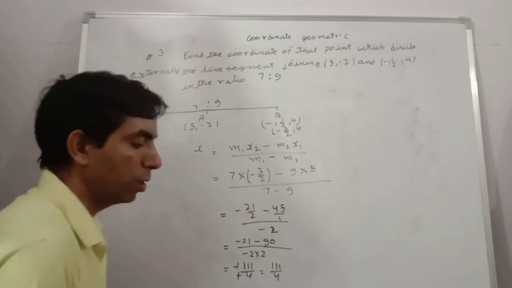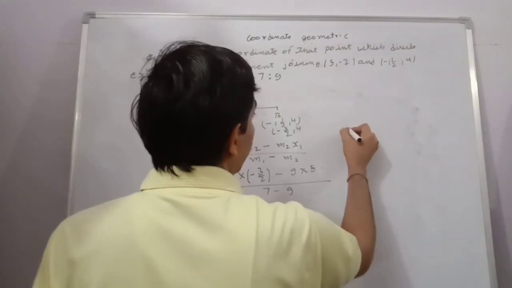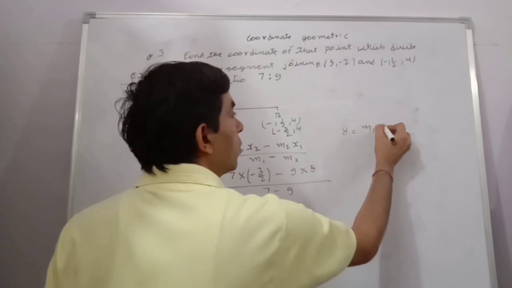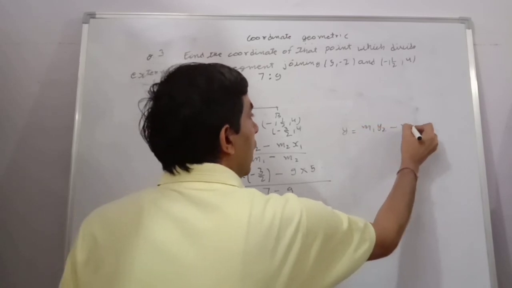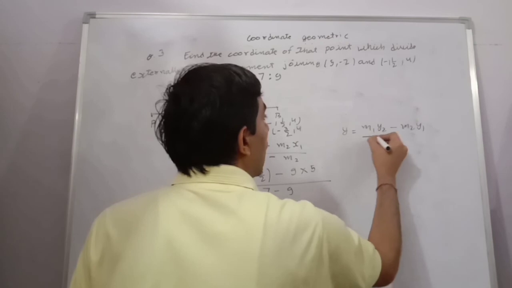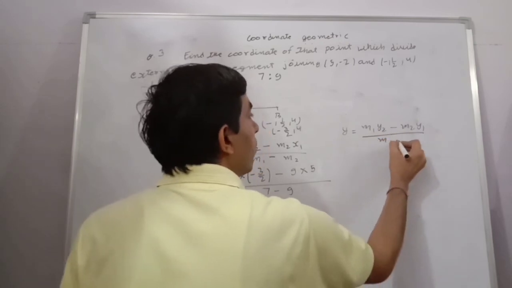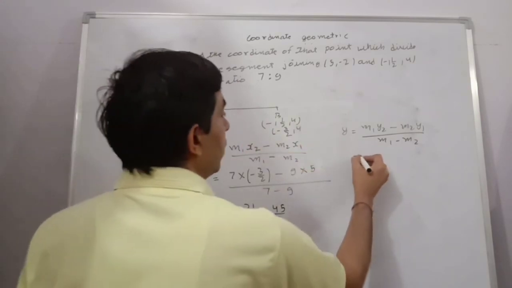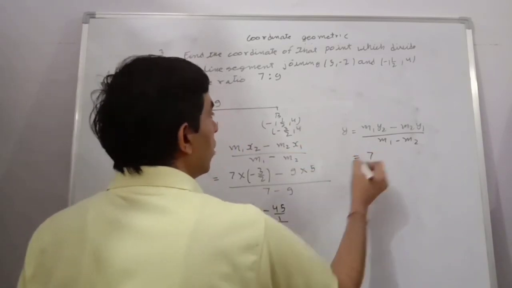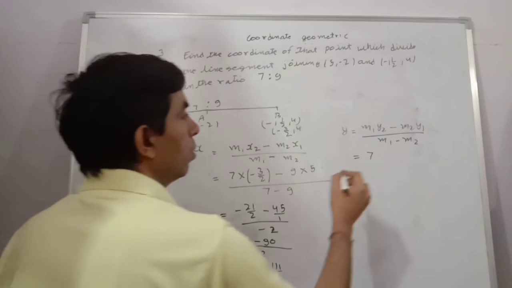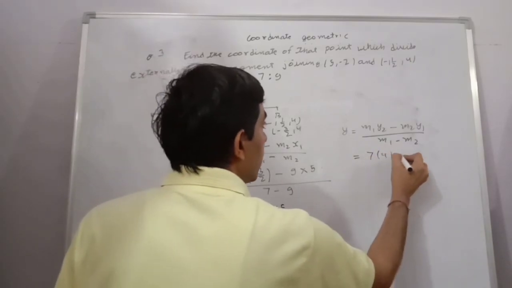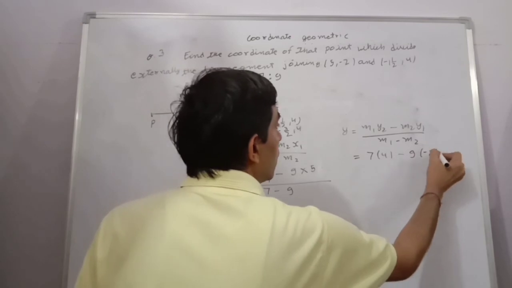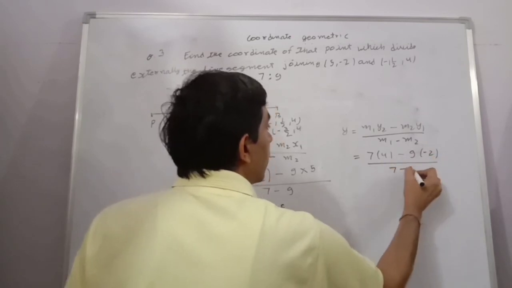In the next coordinate, y equals (m1 y2 minus m2 y1) upon (m1 minus m2). By this method, we can calculate again. m1 is 7, y2 is 4, m2 is 9, y1 is -2, upon 7 minus 9.